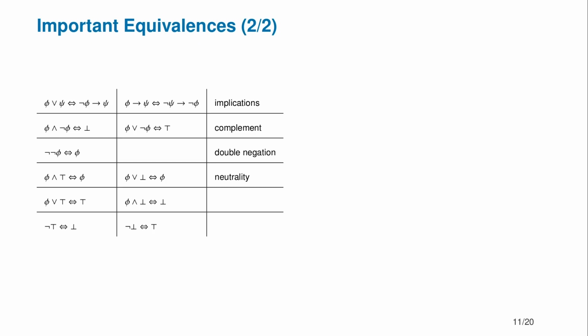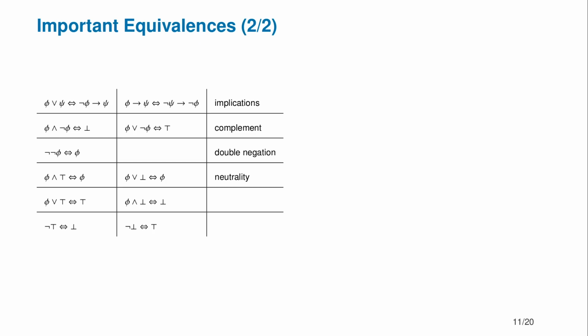Then if we have phi or psi, this we can replace by not phi implies psi. And if we have phi implies psi, this is the same as not psi implies not phi. So here the order or the position of the two formulas is switched and they have to be negated.